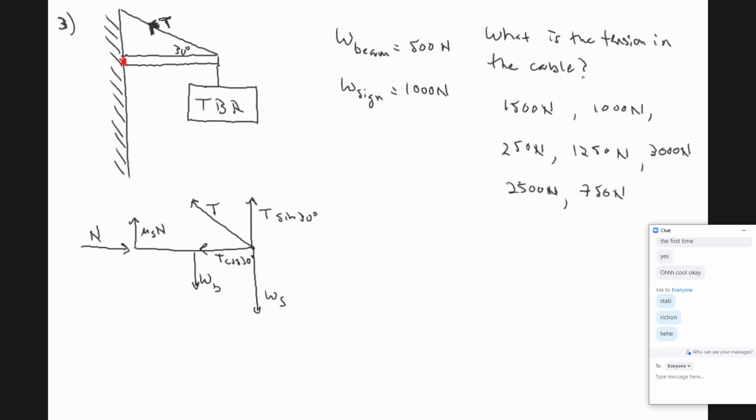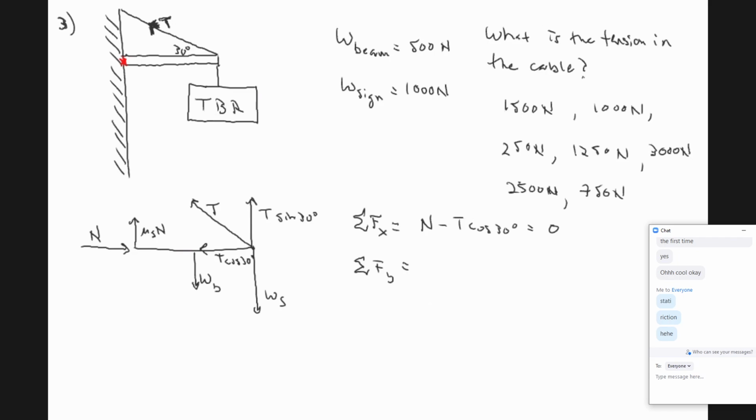So we did it with summation of forces. Let's do the sum of the forces in the X. We have normal force minus T cosine of 30 is equal to 0 because it's not moving horizontally. Otherwise, we'd have to pay the building manager something. The sum of the forces in the Y: we have up minus down.